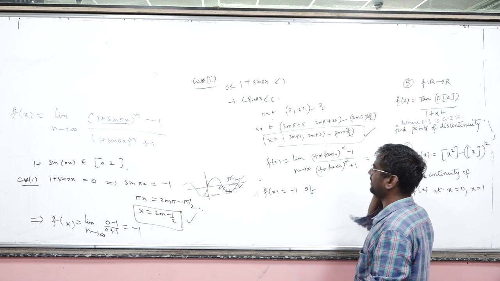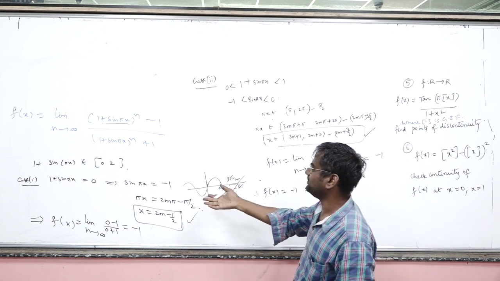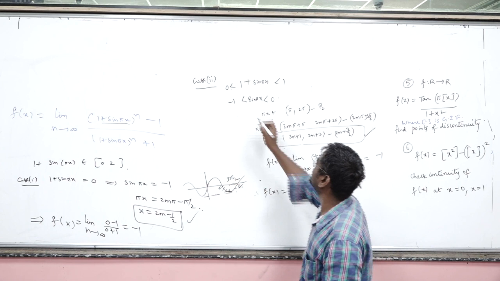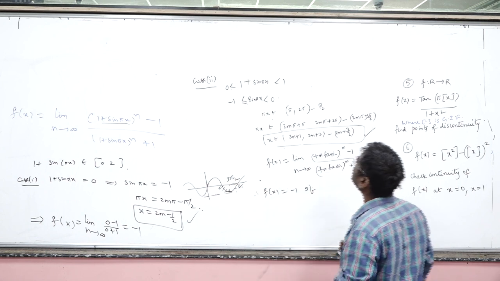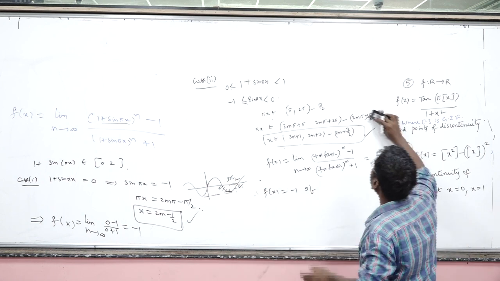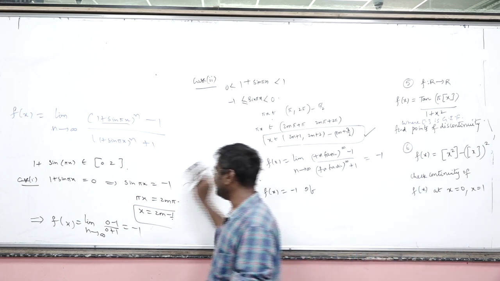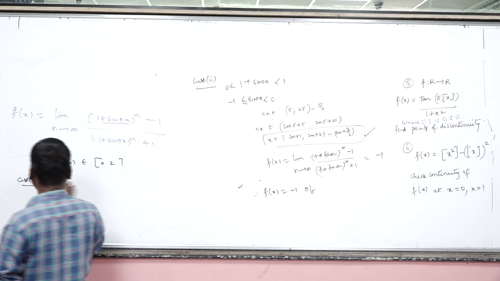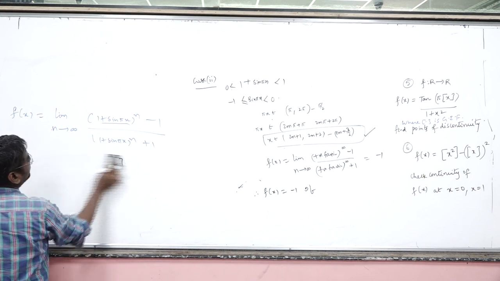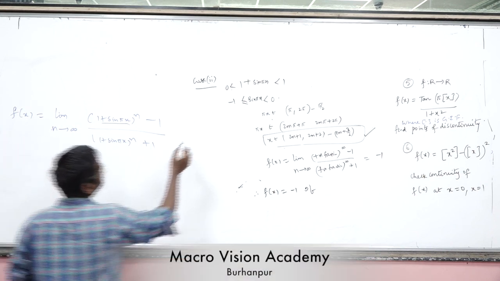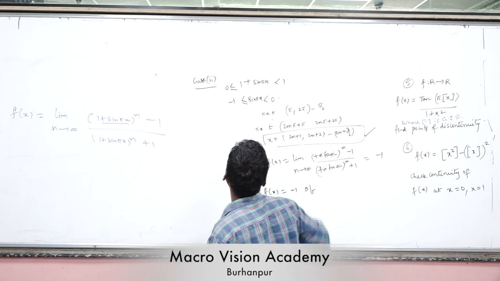If you include this also, that is sin pi x becoming equal to minus 1 here, then I need not exclude anything in between. So I am combining both the cases. Okay. So I am not dealing with this as a separate case. Then I am simply considering a case where 1 plus sin x can be 0 also.